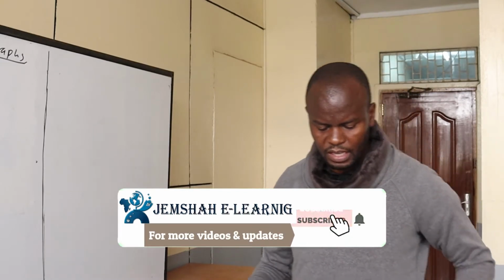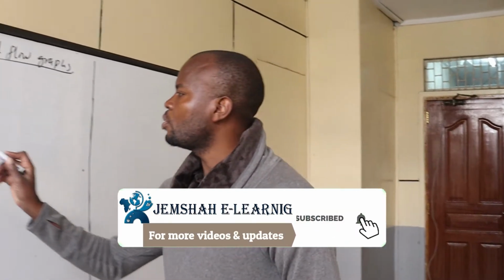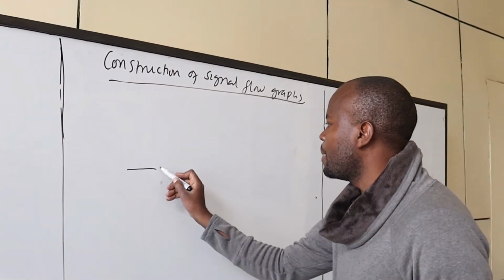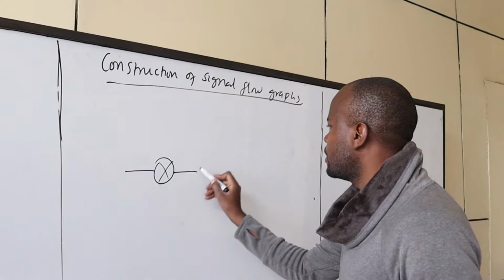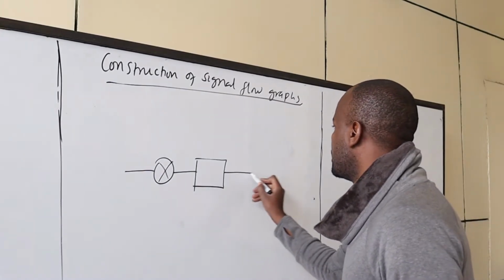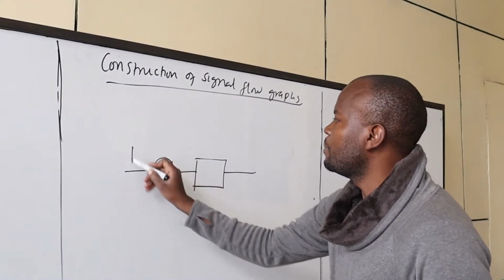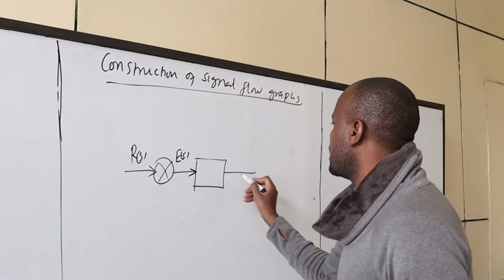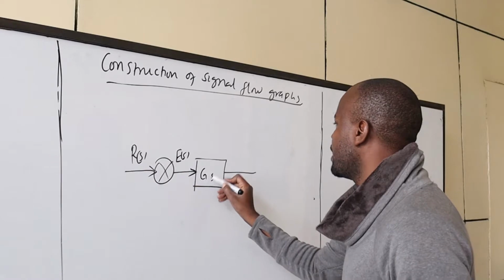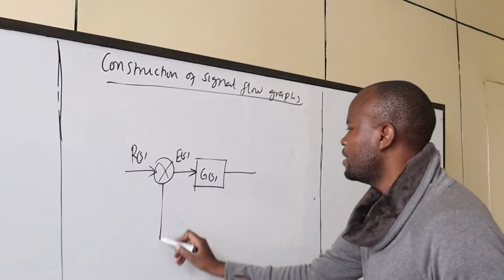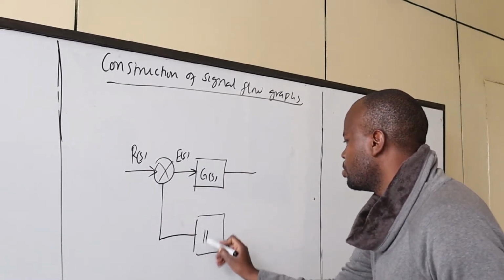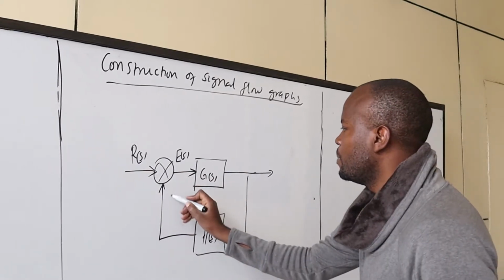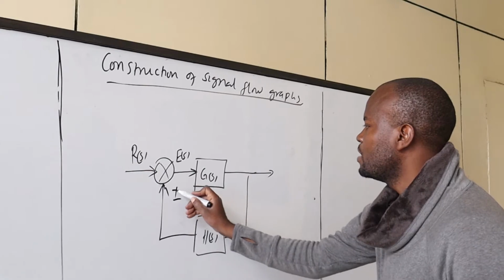So let's consider a block diagram where here we have R of S, then here we have E of S, then here we have G of S, then we have the feedback coming to H, also H of S. Of course, we can consider the feedback to be positive or negative.